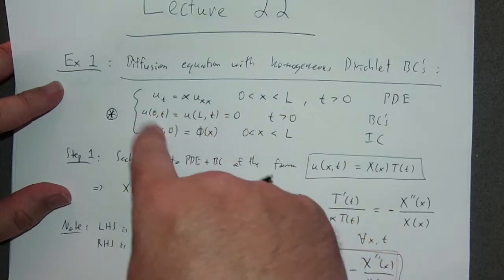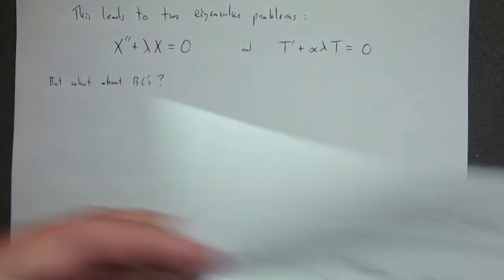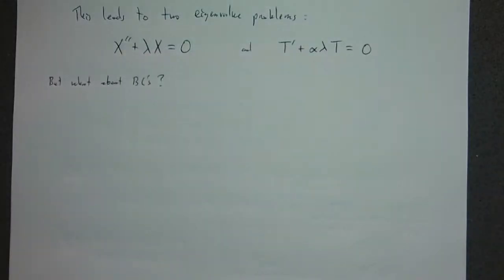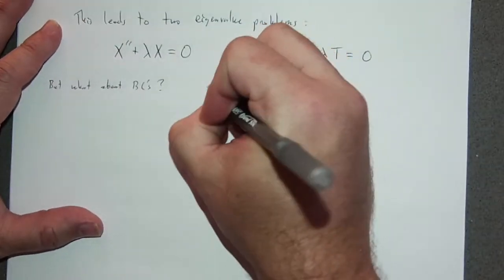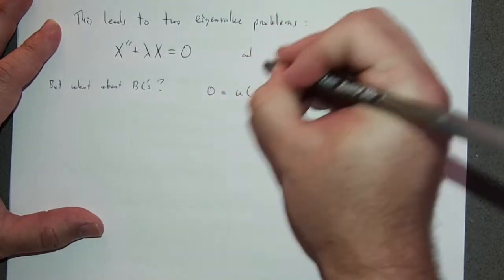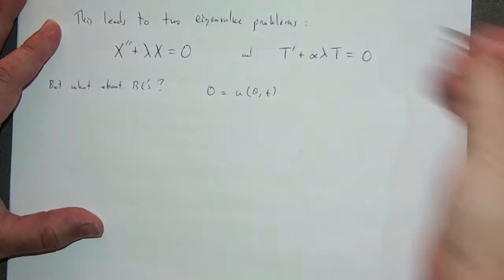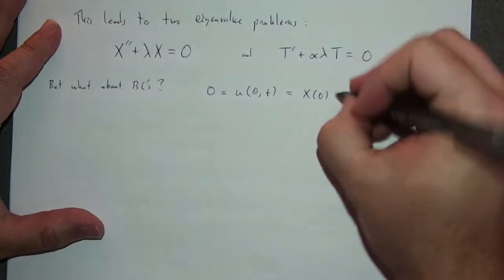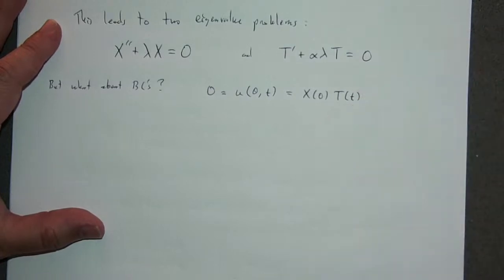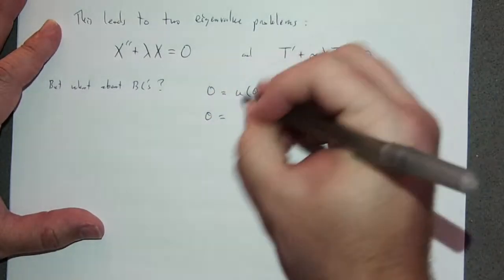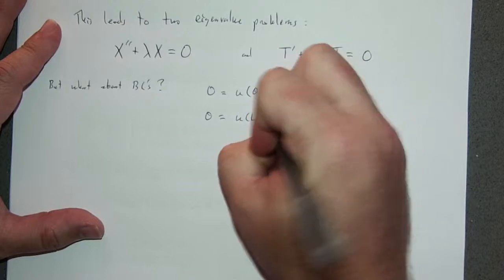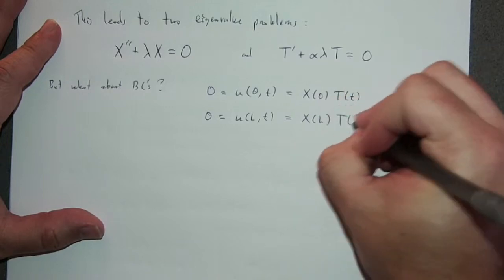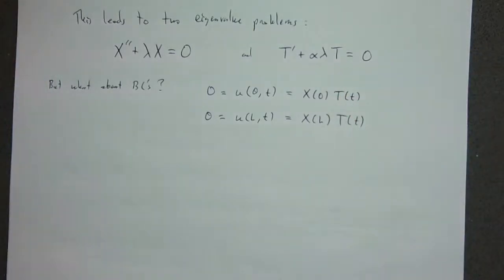So u is 0 at x equals 0 and at x equals L. So if my u is of this form, what does this mean? This means that 0 has to be equal to u of 0, t, which is x of 0 t of t, and 0 is equal to u of L, t, which is x of L t of t.